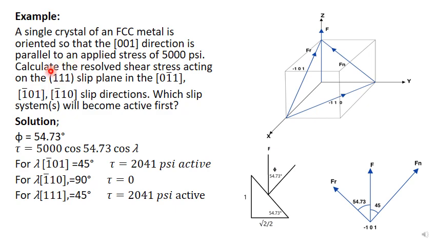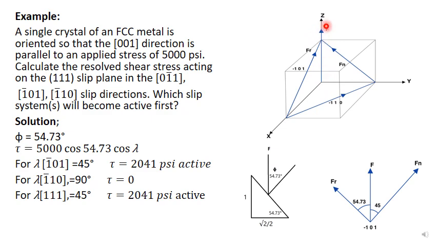Calculate the resolved shear stress acting on the 111 slip plane in the 0-11, -101 and -110 directions. Which slip systems will become active first? Now we need to illustrate the question in the first step. The load is applied parallel to 001.